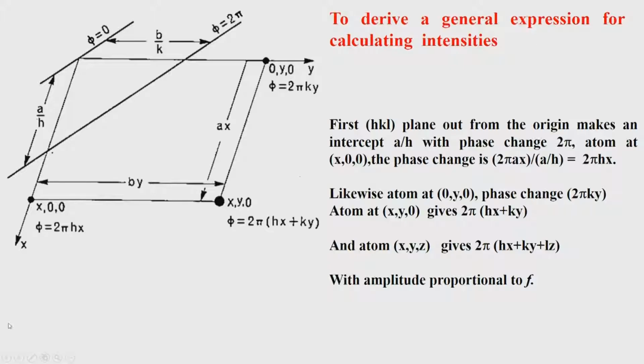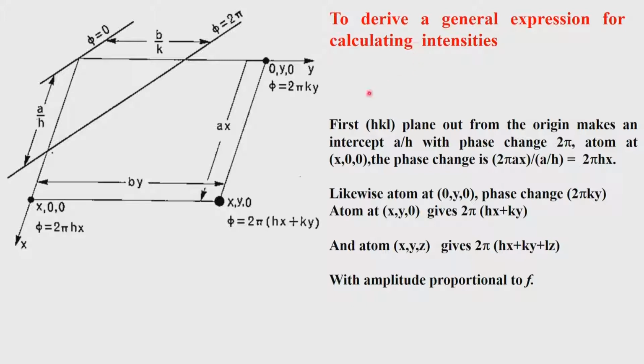That is the idea with which we will now develop a general expression for the calculation of intensities. This will be applicable to all 3 dimensions, in a unit cell. Depending upon where the positioning of the plane is, we should be able to calculate the contribution to that plane from all the atoms that are present in the unit cell.